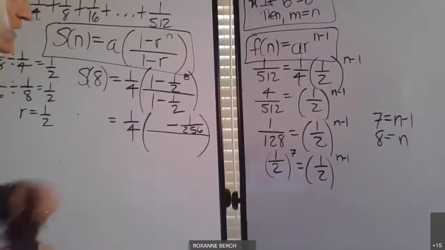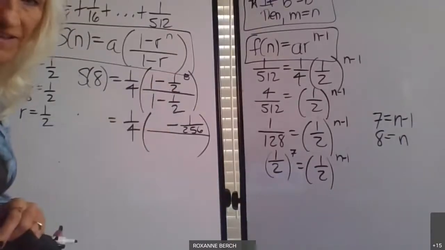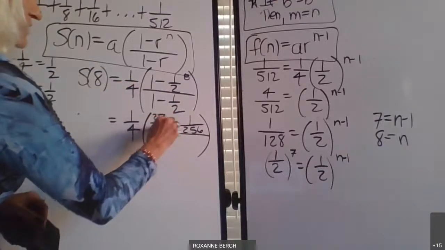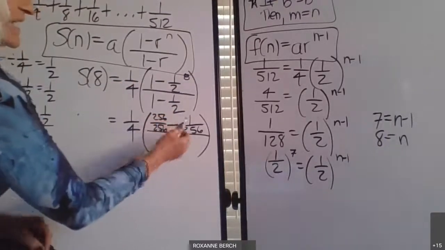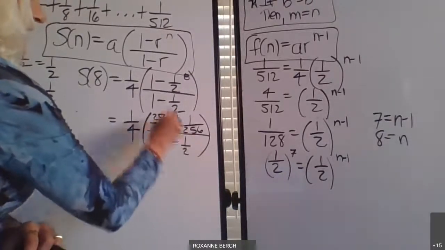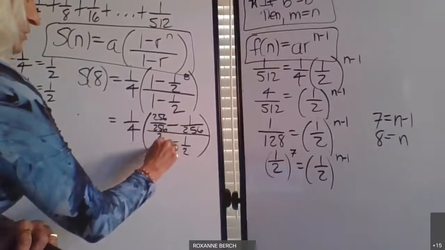Now watch this. Since I'm subtracting fractions, I'm going to make this one 256 over 256 because I need a common denominator. And I'm going to make this one 2 over 2. Do you follow what I'm doing?